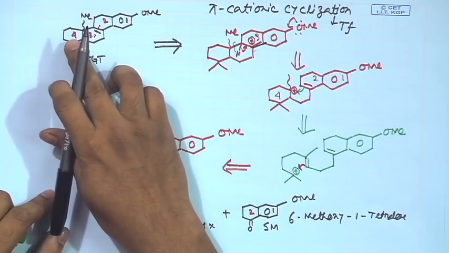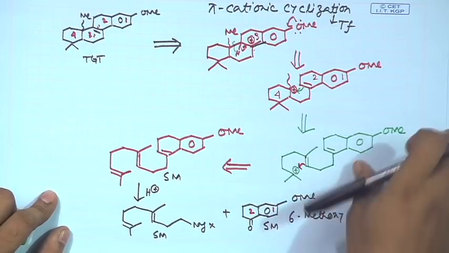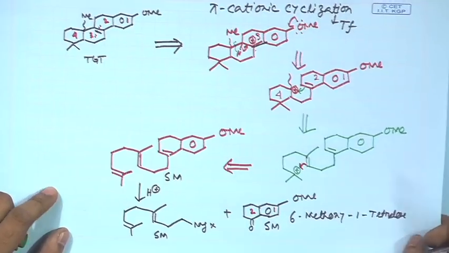Mother nature often uses this kind of simple pi-cationic cyclization. Nature does not use very sophisticated reagents like, as I said, DIBAL, LAH and other oxidizing agents. Nature always uses very simple chemistry.